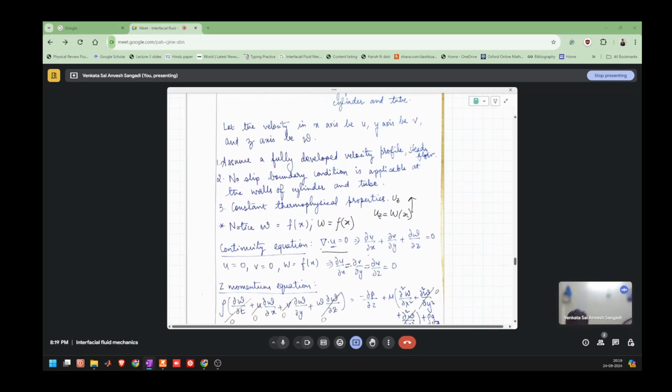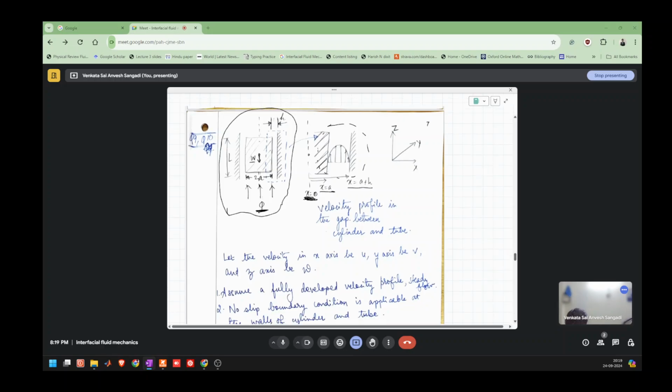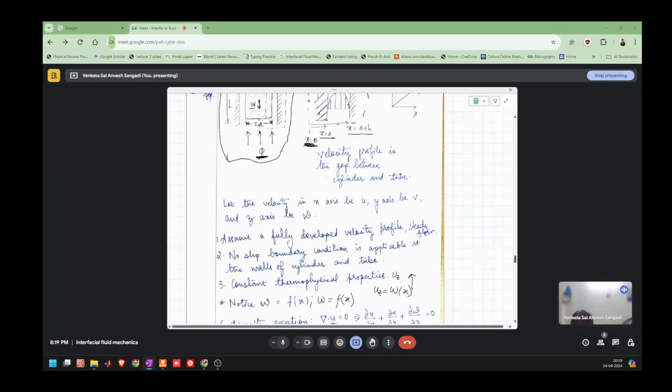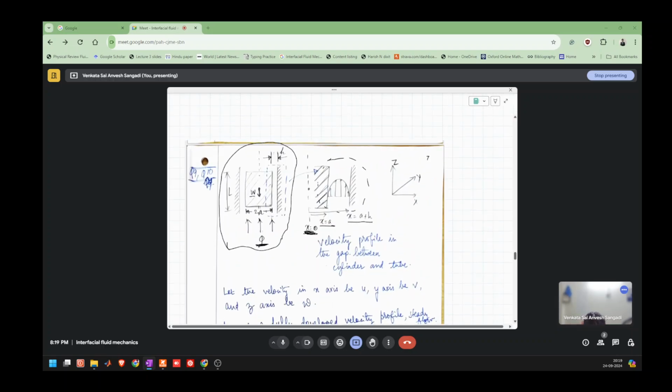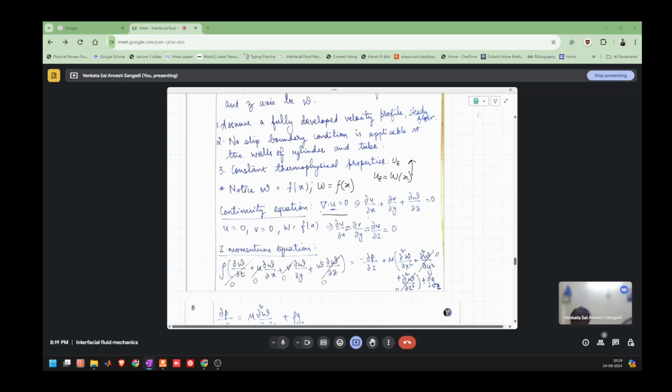So why is that? w is not a function of y primarily because there is no possibility of having a rotational component. Therefore, the y component is also 0.